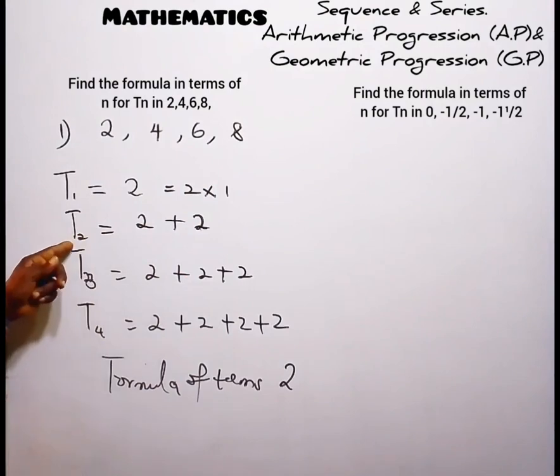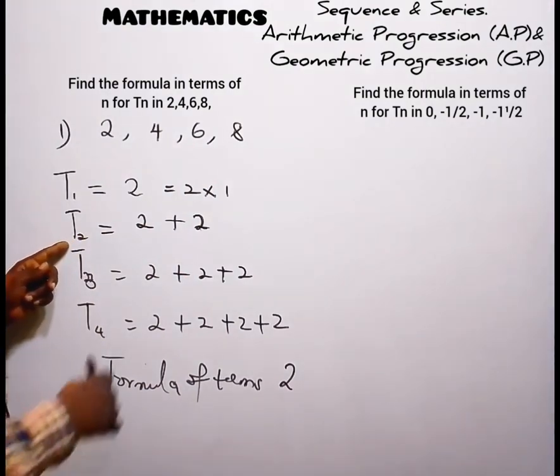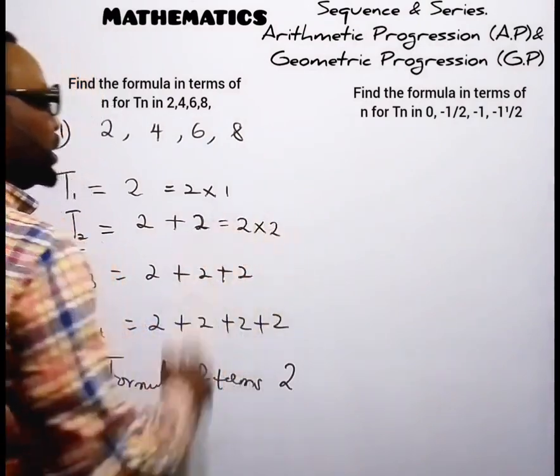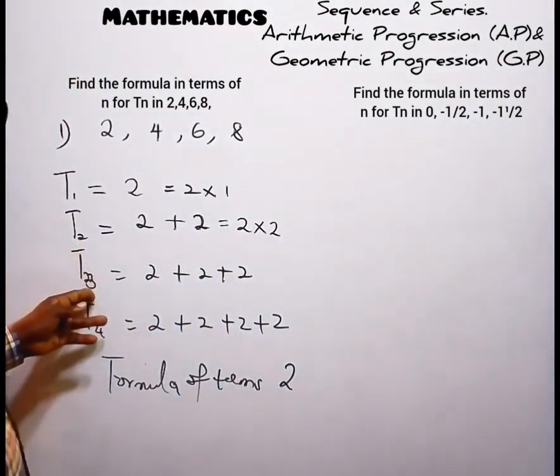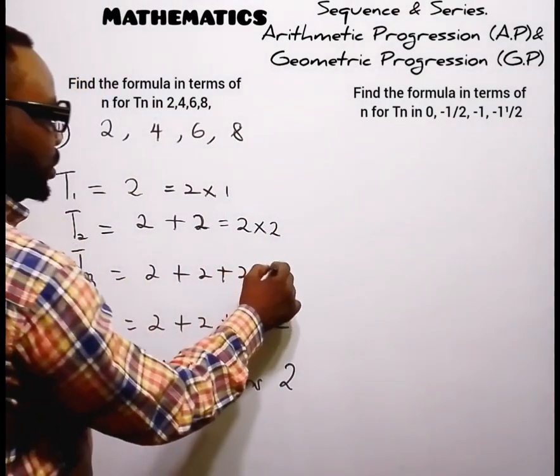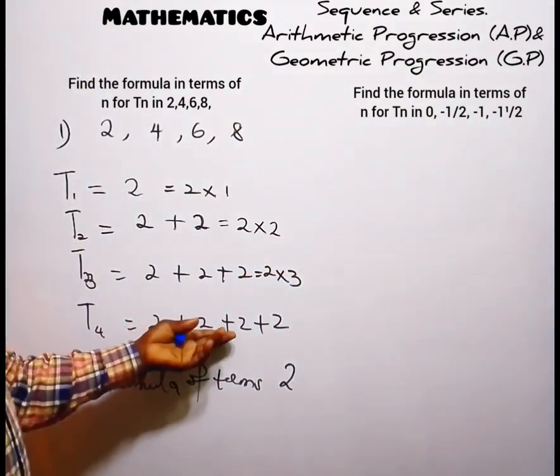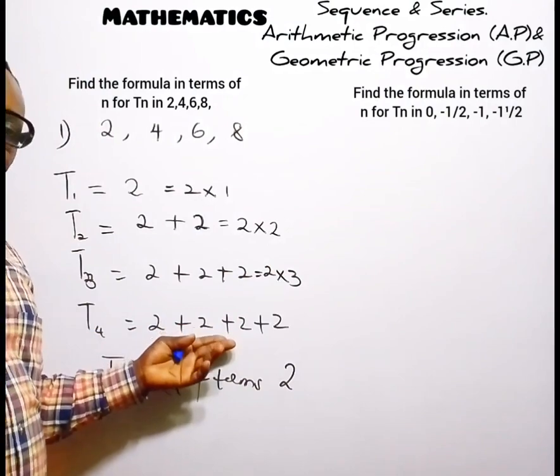If you look at the second term, how many 2s do we have? 2. That is 2 multiplied by 2. Look at the third term: that is 2 multiplied by 3. Likewise, the same thing applies to the fourth term.